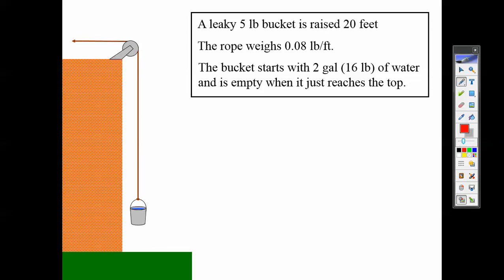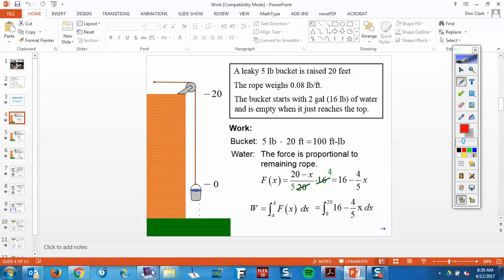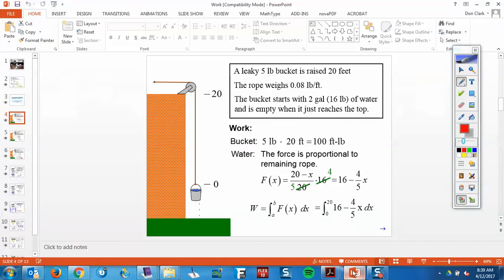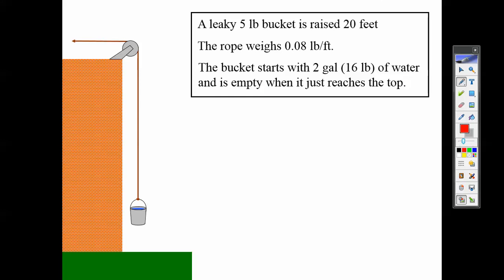1.6. So you see the difference in how I worded the problem and how they worded the problem. I said the 20 feet of rope weighs 1.6 pounds. They said the rope weighs 0.08 pounds per foot. Same thing. So you just have to be able to handle either situation.